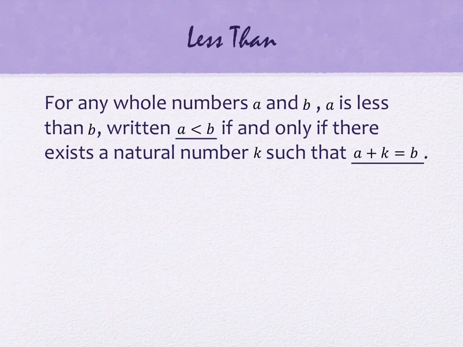All right. The idea of less than shows up in this section, and there's a specific definition, the way that it's phrased, but we can alter the definition as well for equally good definitions.